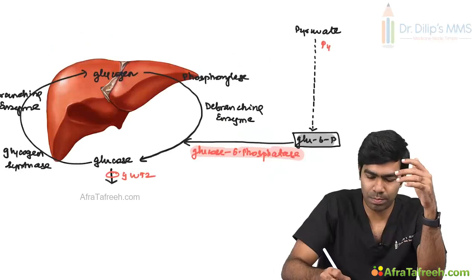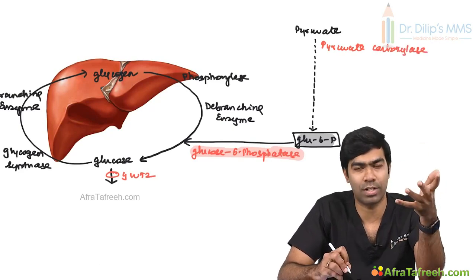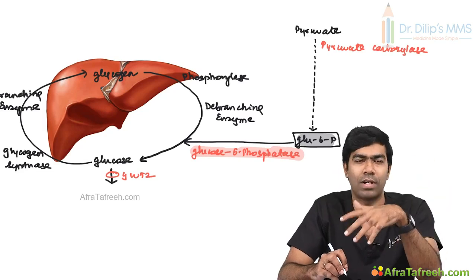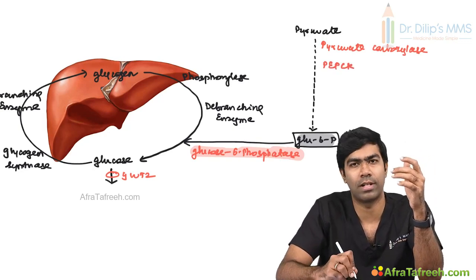To reverse the phosphoenol pyruvate step, you need two special enzymes. One is pyruvate carboxylase, because this will convert pyruvate to oxaloacetate first, and the subsequent conversion of oxaloacetate to phosphoenol pyruvate will be done by an enzyme called PEPCK, that is phosphoenol pyruvate carboxykinase.